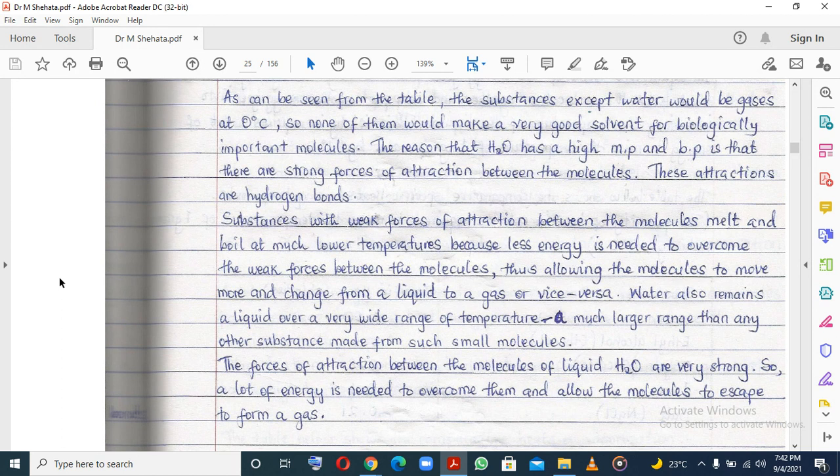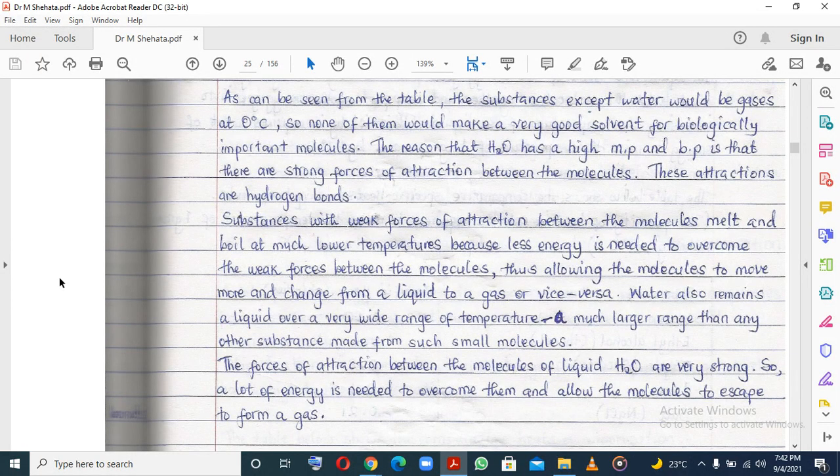So now one thing that is important to take note of: why does water have these high melting and boiling points? So here's the catch. Substances which only have weak forces of attraction between the molecules boil and melt at much lower temperatures, because less energy is needed to overcome the weak forces between the molecules.